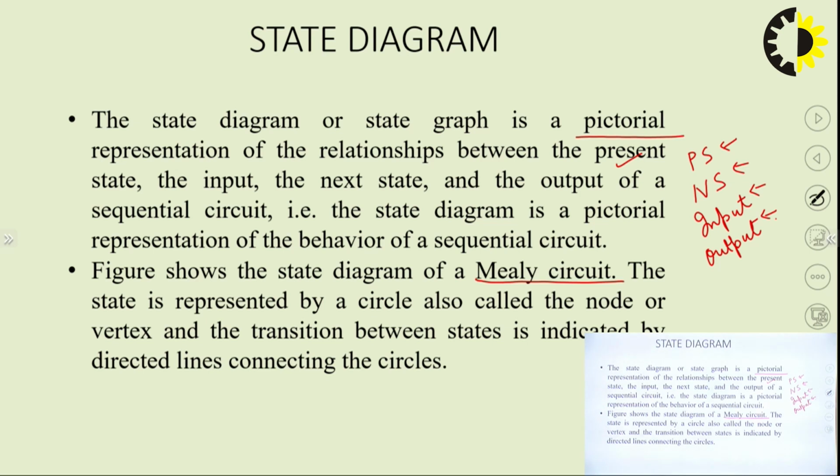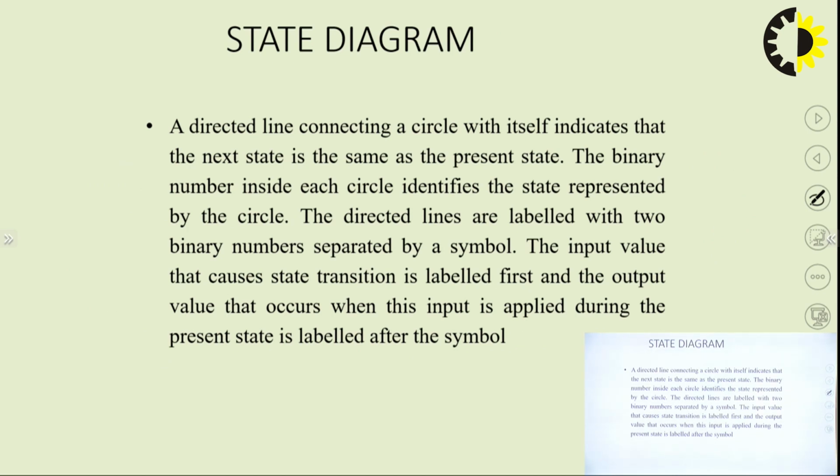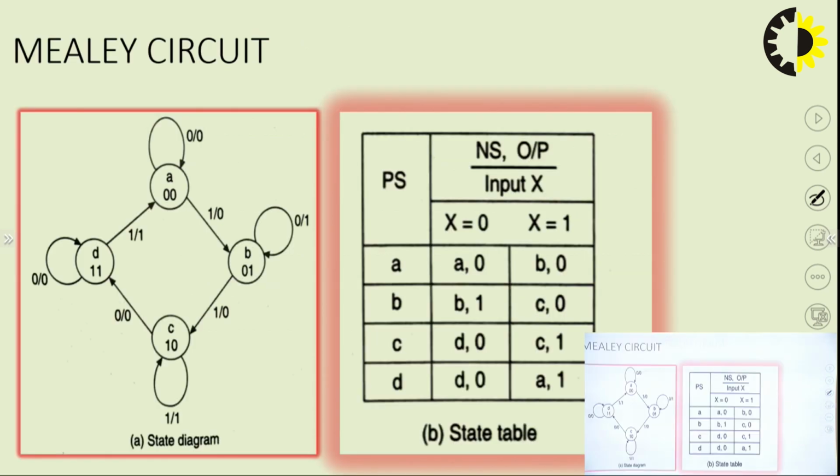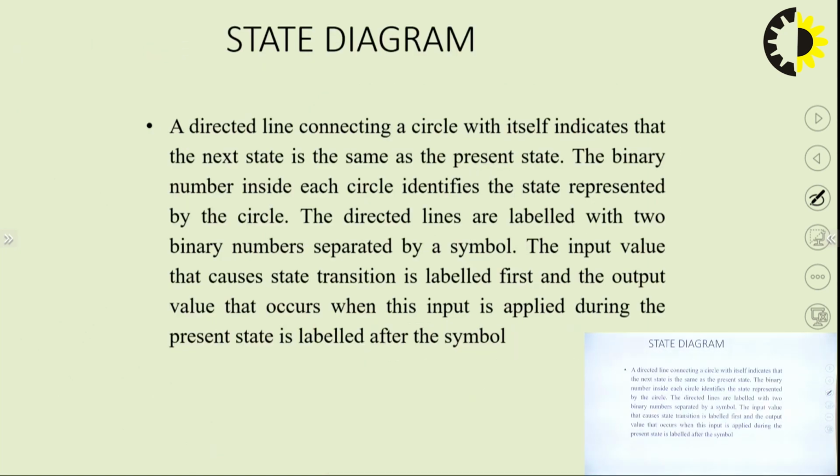The transition, that is, the change from one state to another state, is shown by directed lines connecting the circles. On the lines we can write the input and output. The directed line connecting the circles indicates from which state the transition has occurred to the next state. Similarly, the binary number inside each circle identifies the state represented by the circle.